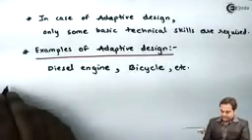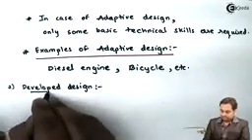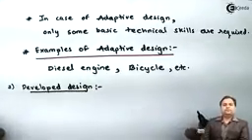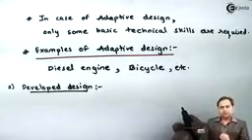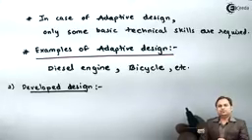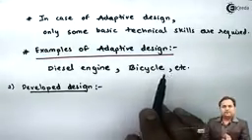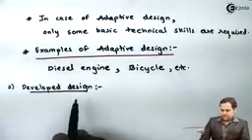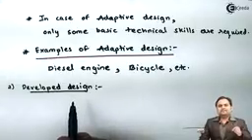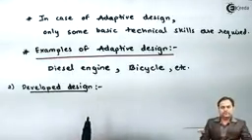Next is developed design. Now when we talk about developed design, even in this case the existing product is used, but it is used just for the basis. Like in adaptive design, the complete product was there and small changes were made. But in developed design, the existing product would be used just for an idea and a whole new product would be developed.